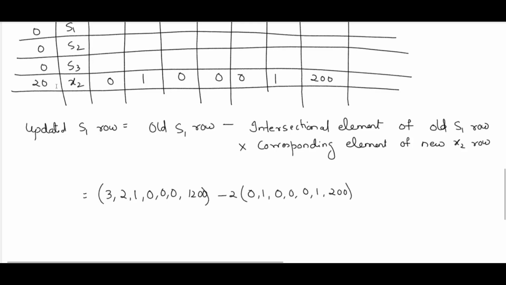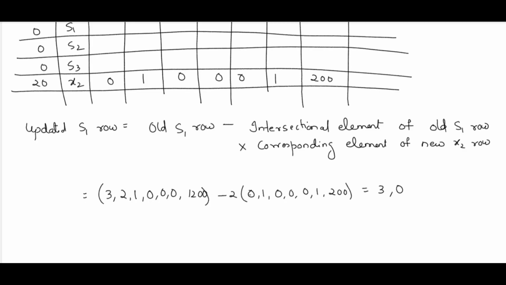That's why you have to first compute this row, and after that, using this new matrix, you will get it. You'll put the values here, and now if you solve this, first it will be 3 minus 2 into 0, that means it is 3. Second, it is 2 minus 2, it is 0.